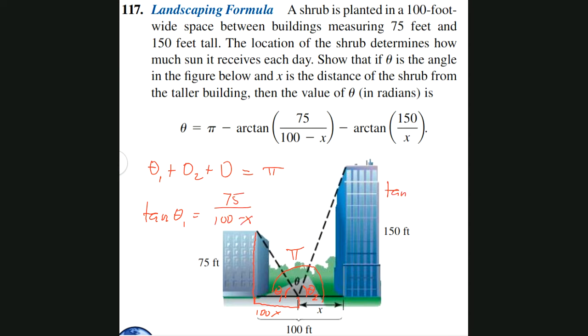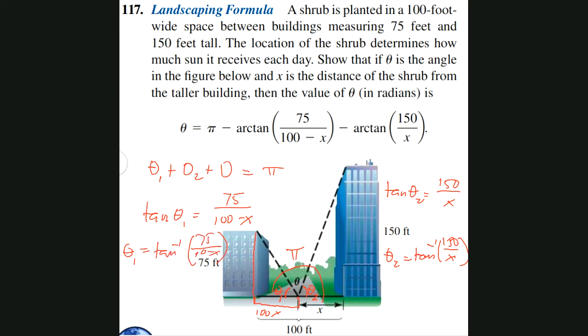Tangent of theta 2 is equal to opposite, which is 150, over adjacent, which is just x. So we can solve for theta by taking the arctangent of each one of them. So theta 2 is equal to tan inverse of 150 over x. Same thing over here, 75 over 100 minus x.